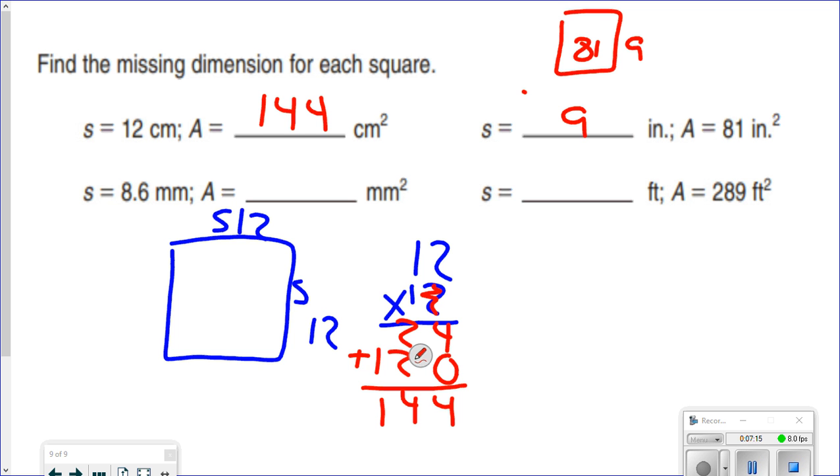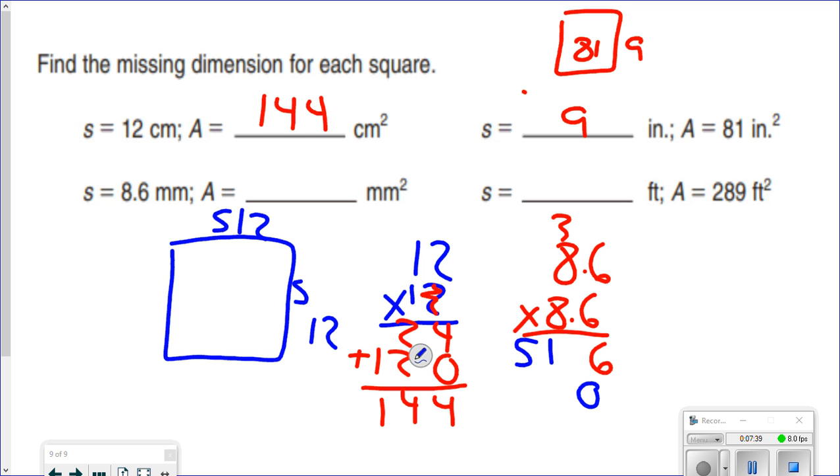How about this one? The sides of my square are 8.6. So I have to solve 8.6 times 8.6. Let's see what we get here. Follow along with me. 6 times 6 is 36. 8 times 6 is 48, plus 3 is 51.